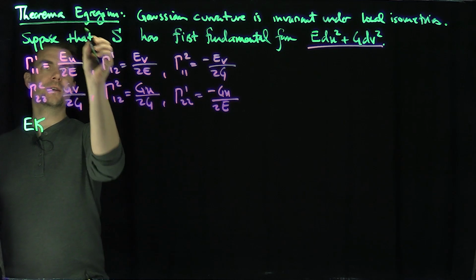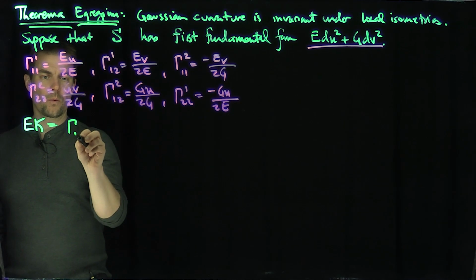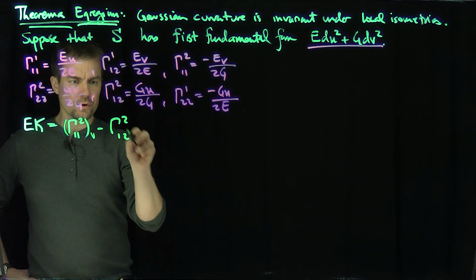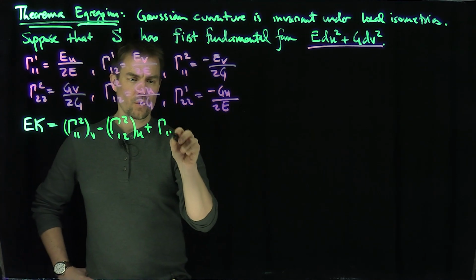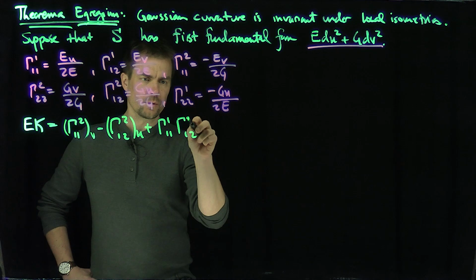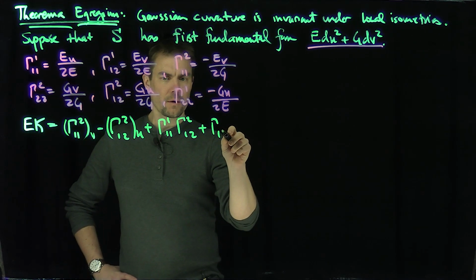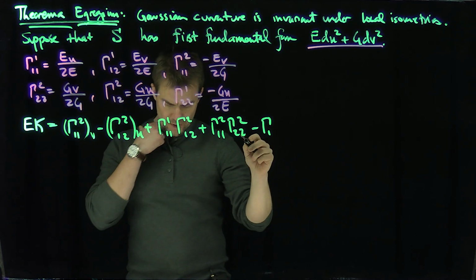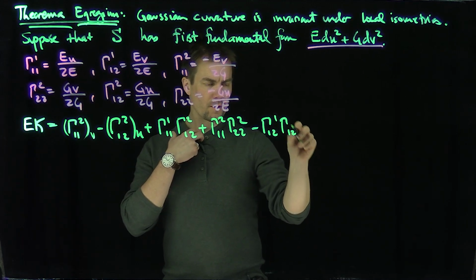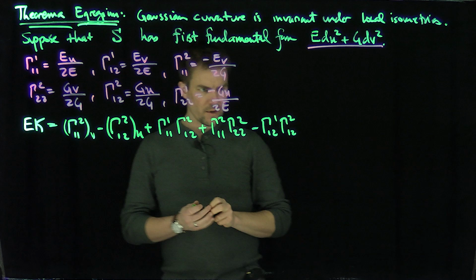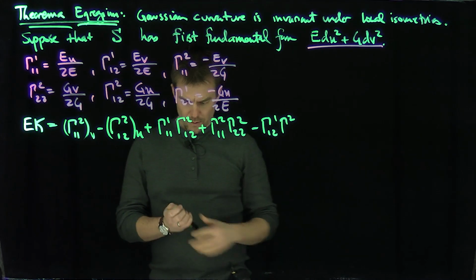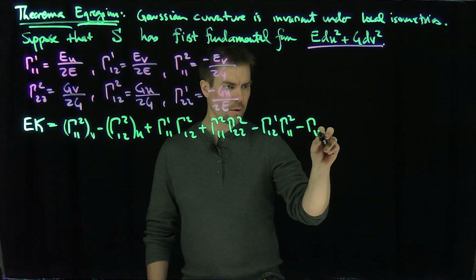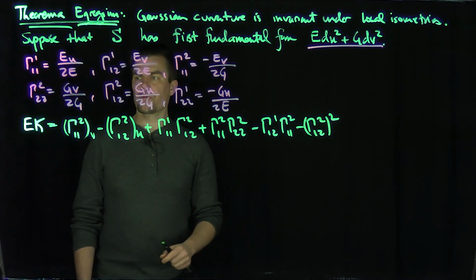And we know that E times K, this is exactly one of the consequences of the Theorema Egregium, is going to be gamma 1,1,2 sub v minus gamma 1,2,2 sub u plus gamma 1,1,1 gamma 1,2,2 plus gamma 1,1,2 gamma 2,2,2 minus gamma 1,1,2 squared minus gamma 1,2,2 squared. Okay, there's our formula for the Gaussian curvature.